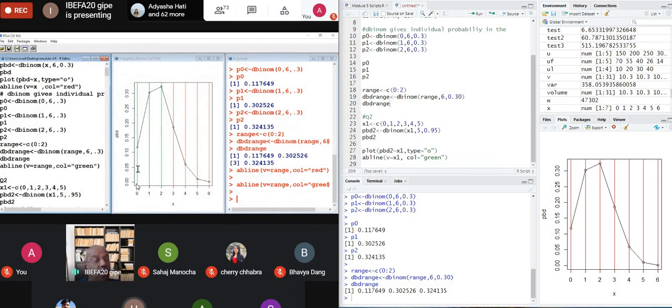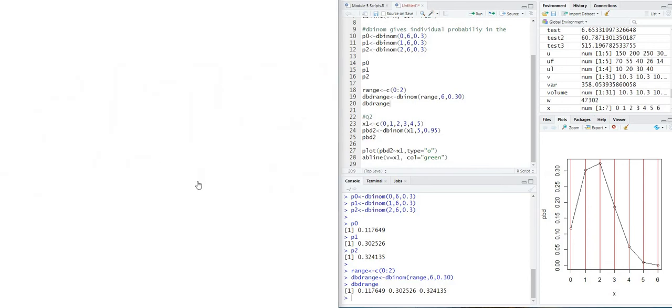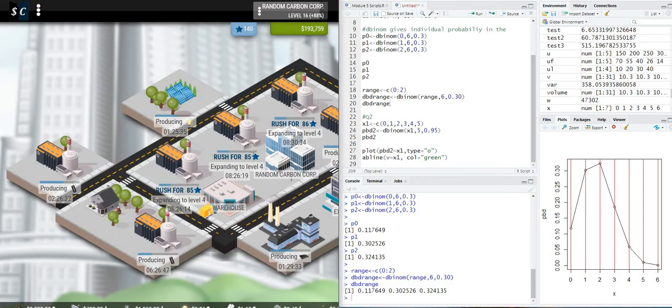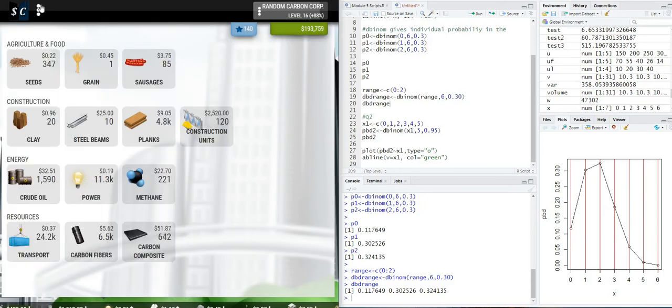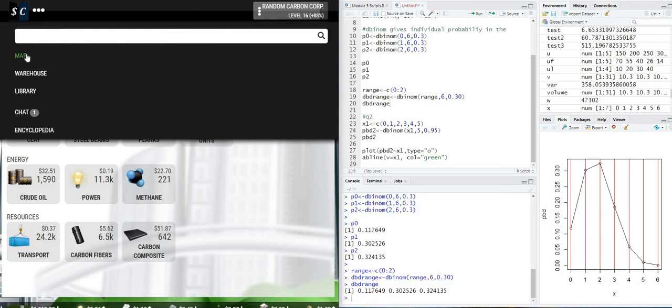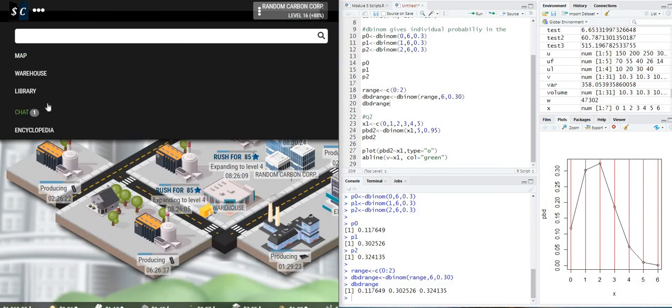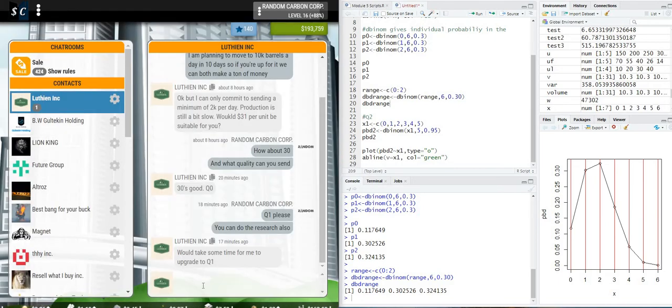D stands for distribution. dbinom. Any variable you can use, not necessarily what I have used. I can simply write R. Still my answer will be the same.